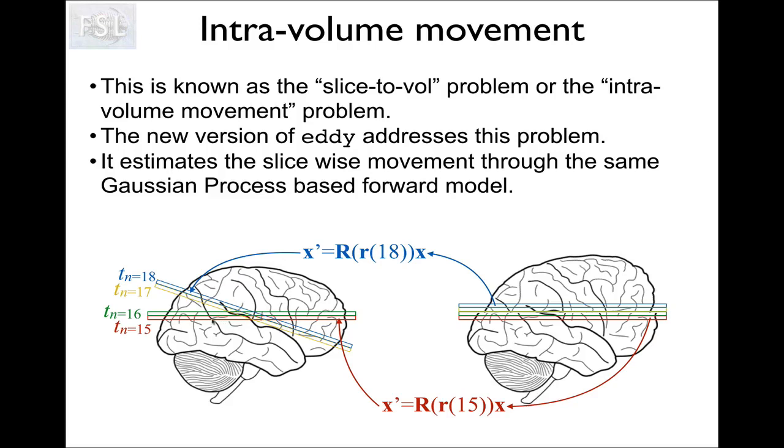So we can postulate any path of movement through time, and then look at what the data that we acquired for this volume, remember this is the predicted volume, would look like if the path of movement through time was like that. And then we just compare that to what it actually looked like in the acquisition, and keep doing this until we have the best match to the acquisition.